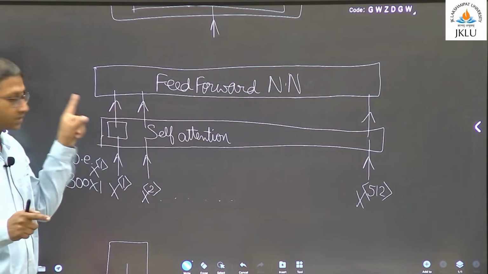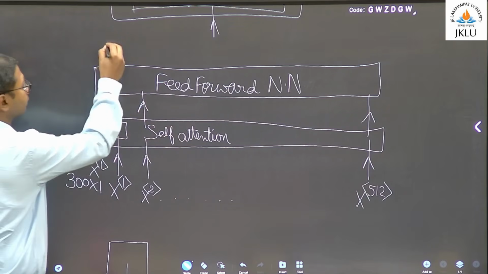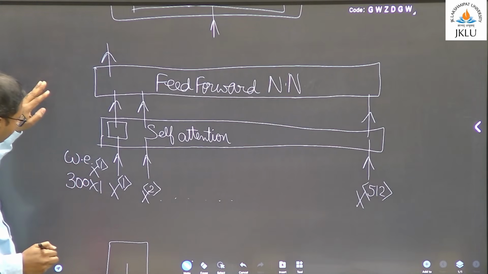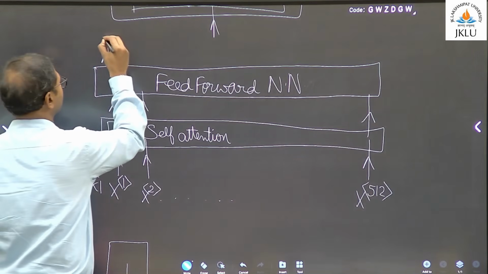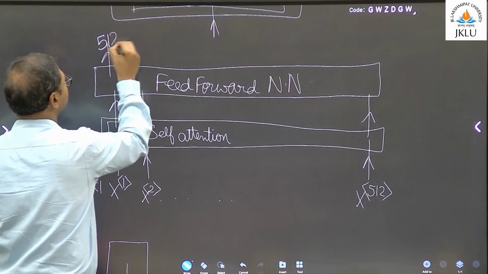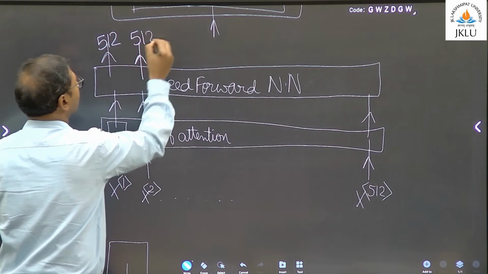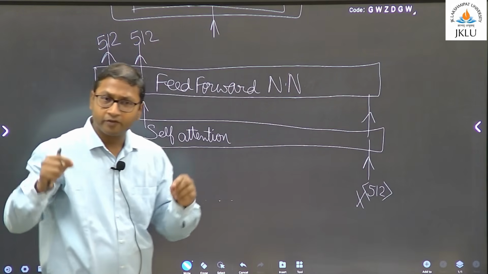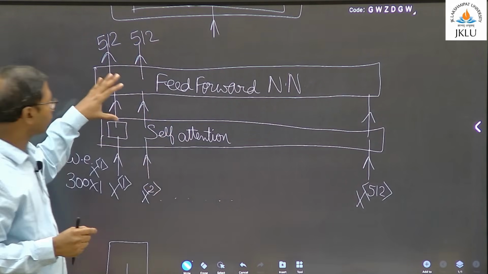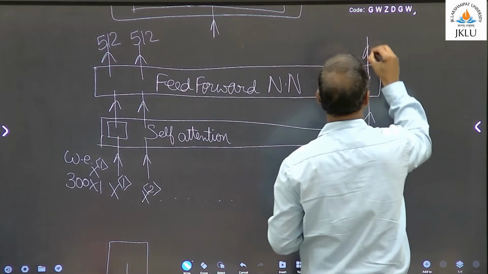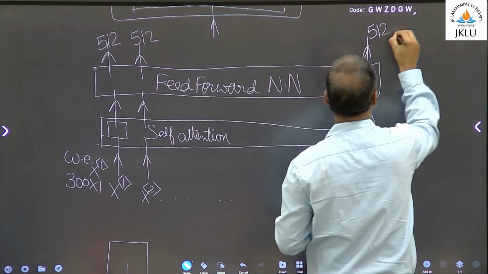The output here will be 512 dimensions. So the output of my first encoder looks like this: 512 outputs of size 512 each.